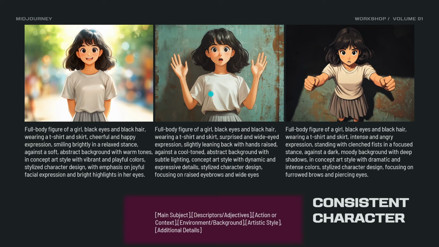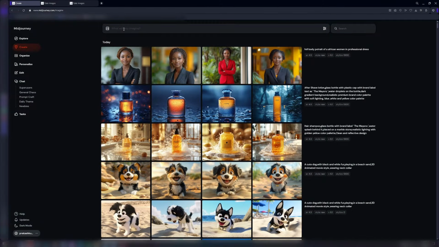Next we will be creating consistent characters inside Midjourney. To create a consistent character inside Midjourney, we need to provide an image of the character as reference along with the prompt. You can use images generated from Midjourney as reference, as it works well compared to your own photograph or your friend's photograph.